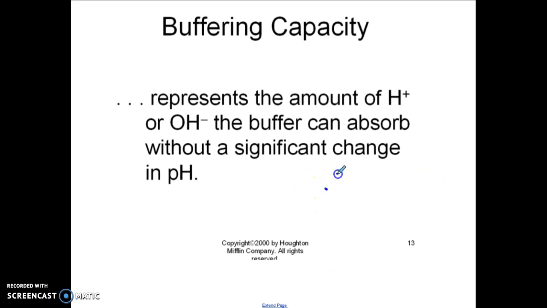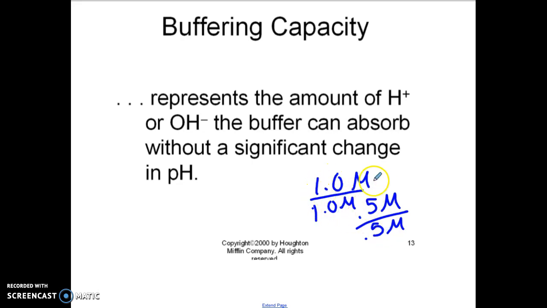So the larger the concentration, say 0.1 molar or 0.5 molar, whatever your ratio of acid to base is, those relatively large concentrations can absorb a lot of the acid or the base, and that's what we call buffer capacity. In the next lesson, when we start talking about titrations, you're going to see how buffer capacity shows up in a titration curve.